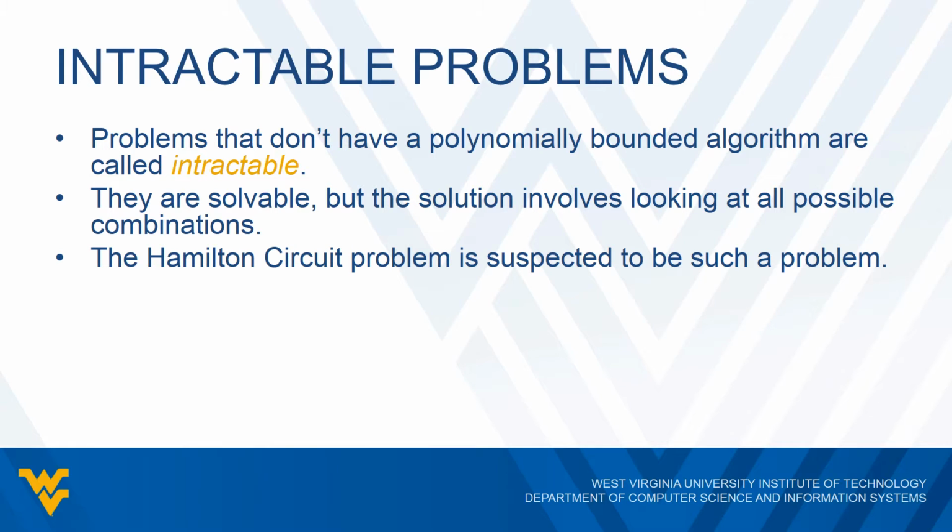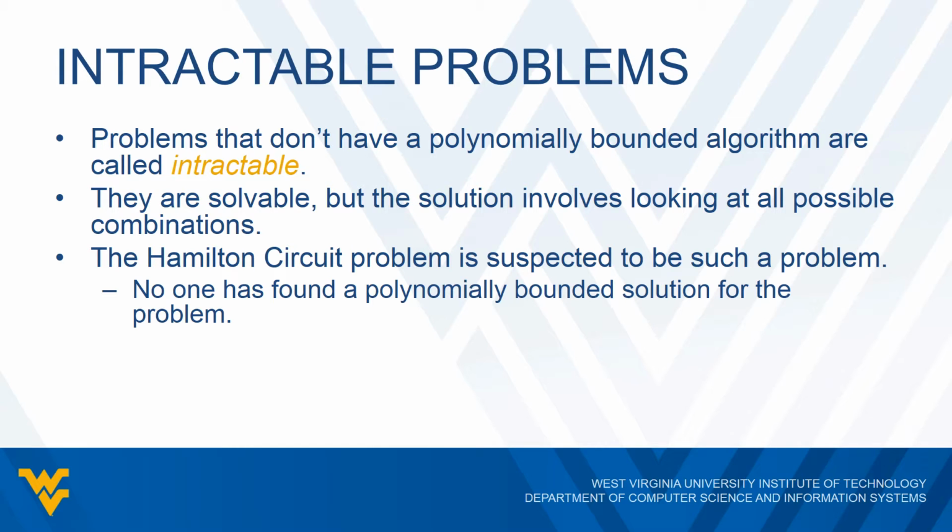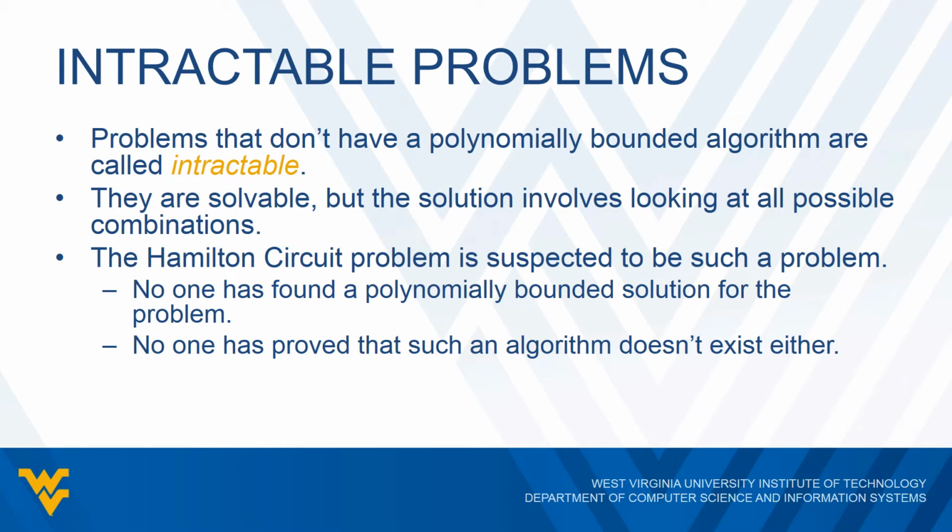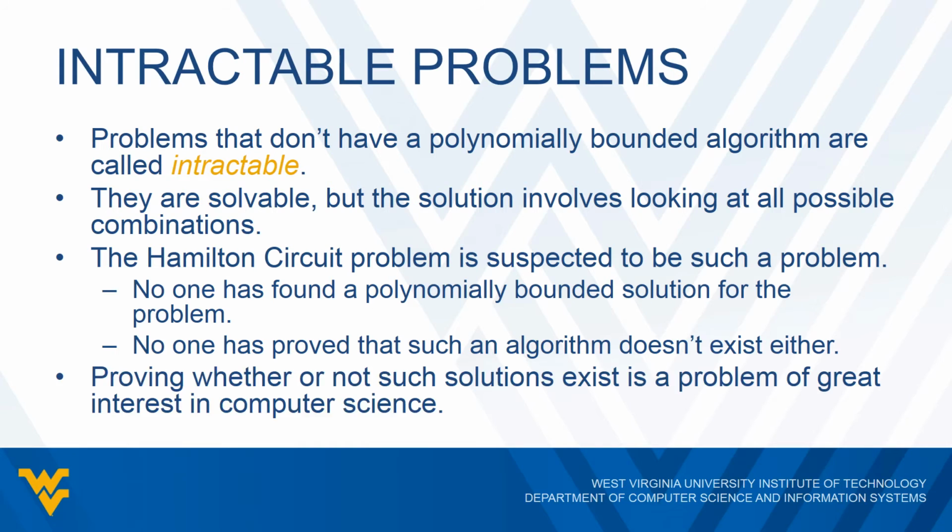So like here for the Hamilton circuit problem, we suspect that it is an intractable problem. I say that we suspect because no one has found a polynomial bounded solution for this problem, and at the same time, no one has proved that such an algorithm doesn't exist either. There's a whole field in computer science where we're trying to determine whether or not there are such solutions for problems.